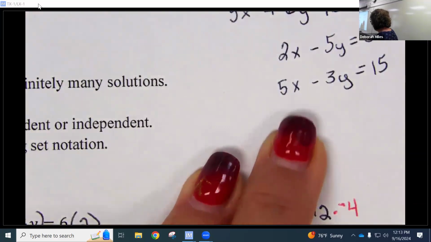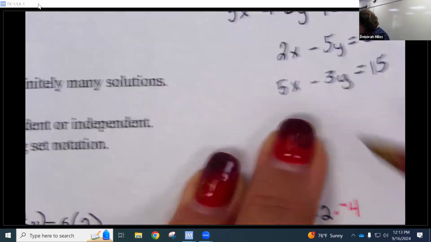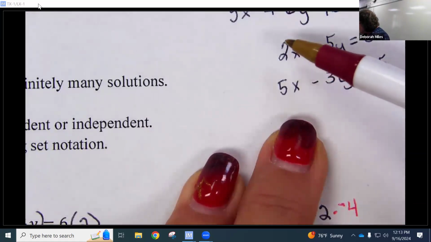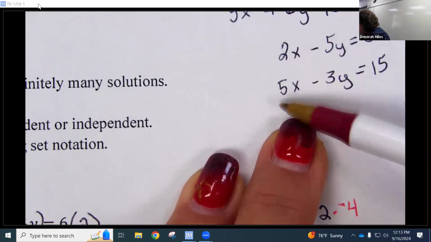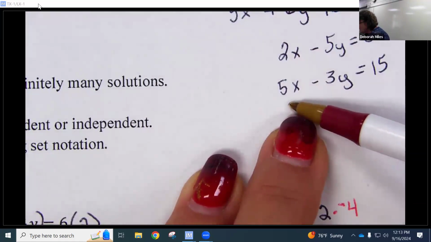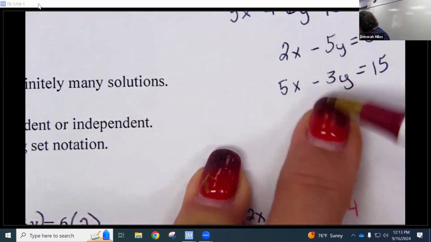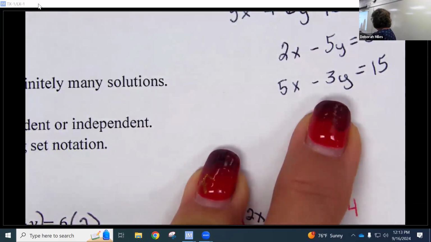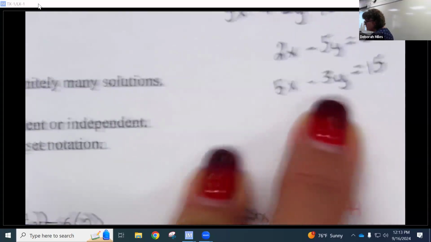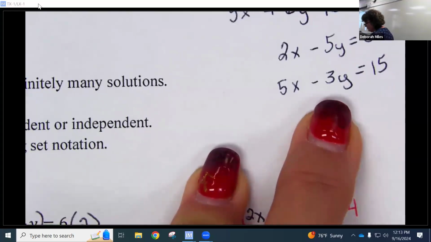Let's say I had that system. I'd either have to multiply by -2.5 to cause my x's to eliminate, or I'd have to multiply by some crazy fraction to make my y's eliminate. And to not have to multiply by fractions, I could just choose to multiply both equations by something.